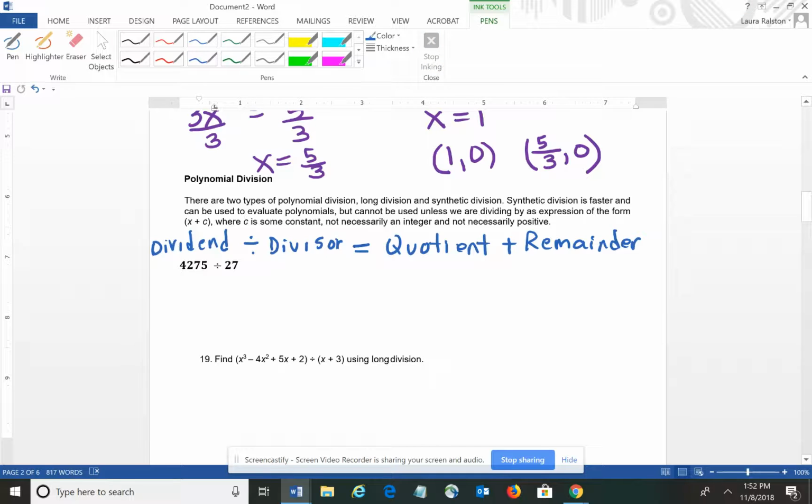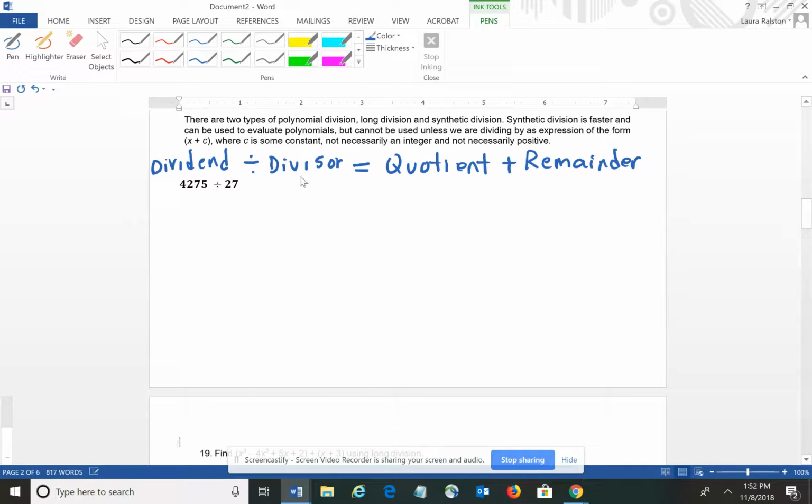If we're setting up our long division problem, the divisor goes on the outside and the dividend goes on the inside. And then we begin. How many times will 27 go into 4? We know that it doesn't.